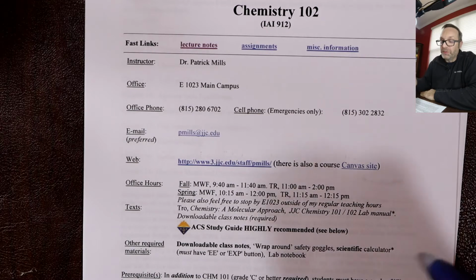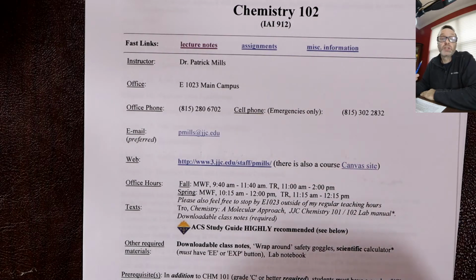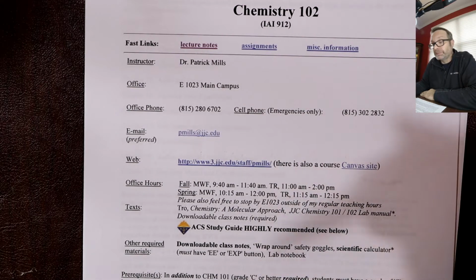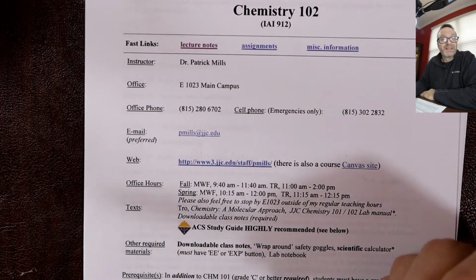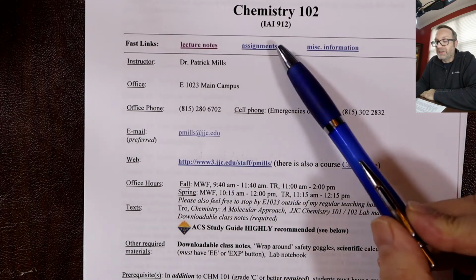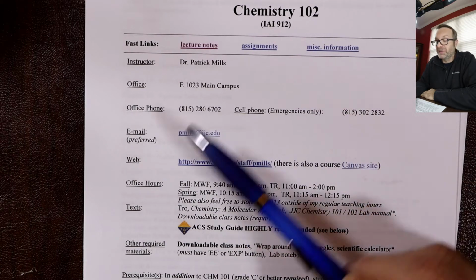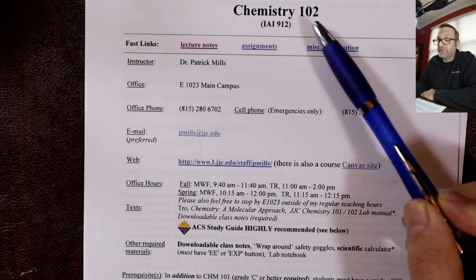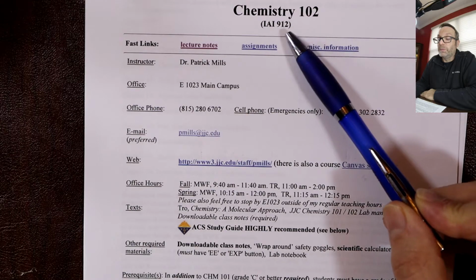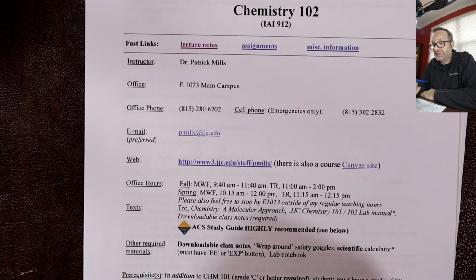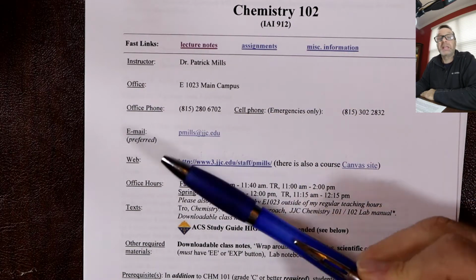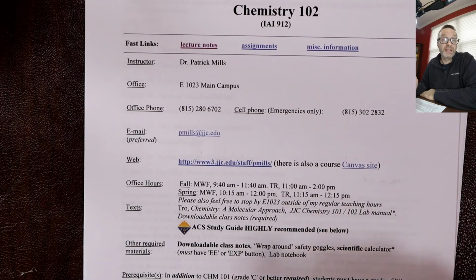Now, Chemistry 102 is obviously General Chemistry 2, right? A continuation from 101, okay? So it's an IAI course, meaning it transfers, Illinois Articulation Initiative. Chemistry 101, if you remember, was actually 911. We're 912, so it's like the next one in sequence. That means it transfers anywhere in the state of Illinois, which is fantastic.